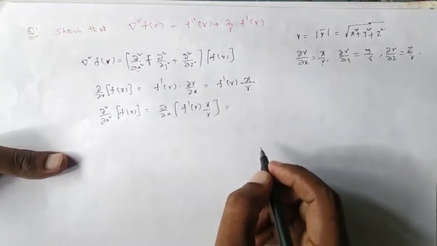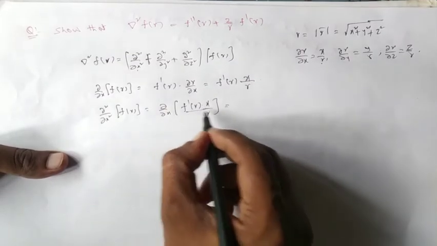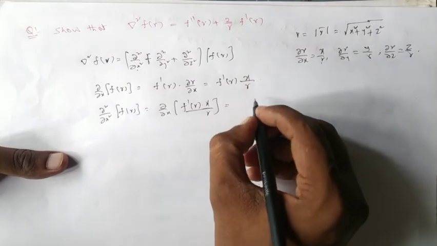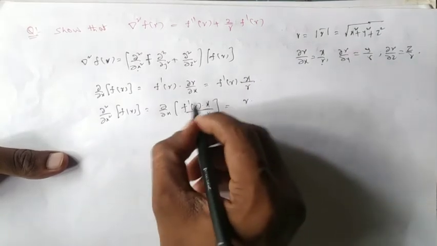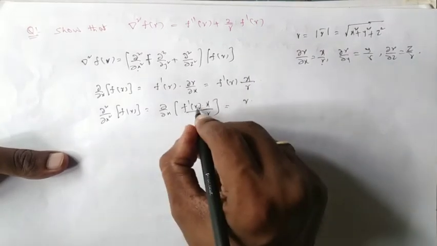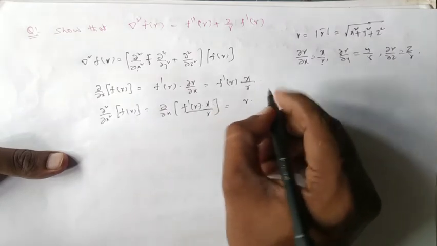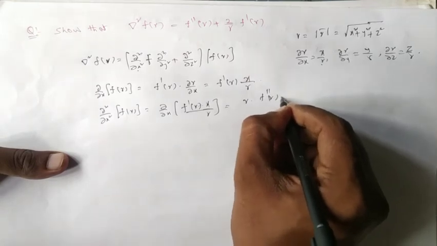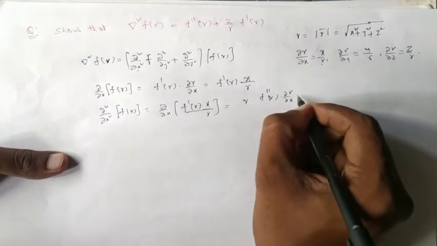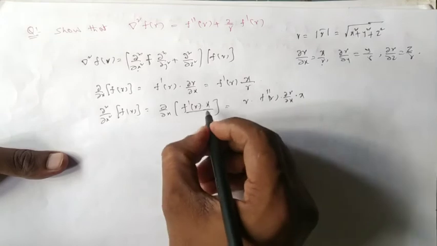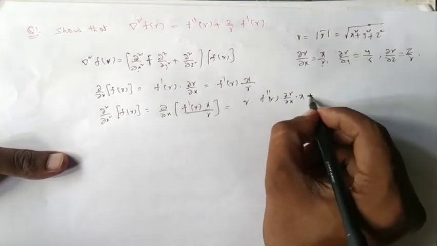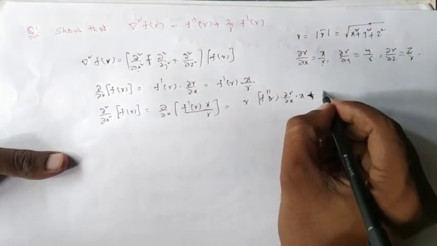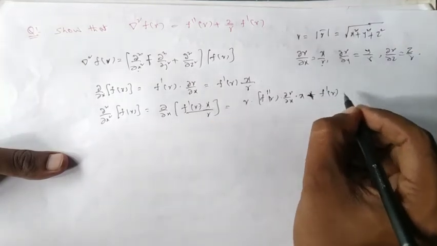It's just like u by v form. If you feel it is u by v, you can calculate it easily. So the derivative of u by v: r into the differentiation of this, the differentiation of f'(r) into x, again it is u into v form. So the differentiation of f'(r) is f''(r) into ∂r/∂x into x, plus f'(r) into the derivative of x, which is 1.